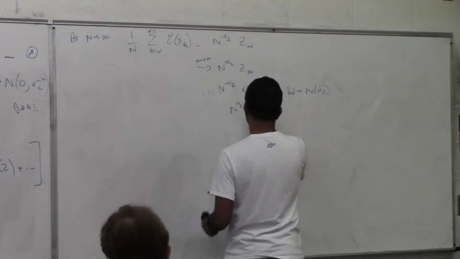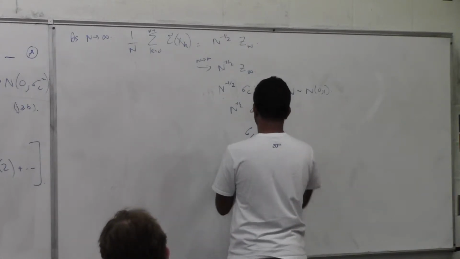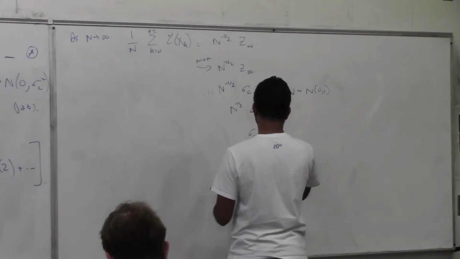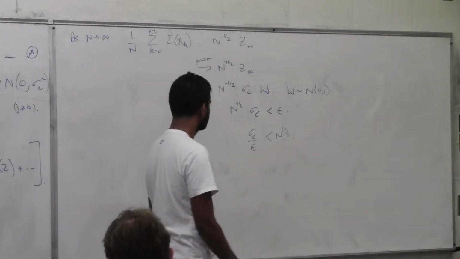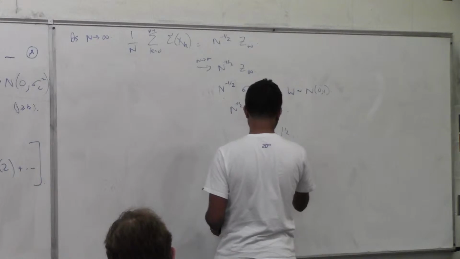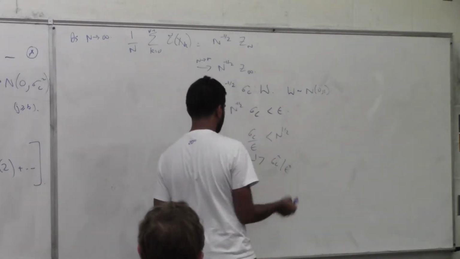So anyway, it's to be less than epsilon. Yeah, so n should be greater than sigma c square by epsilon square if you want this error thing to be less than epsilon.